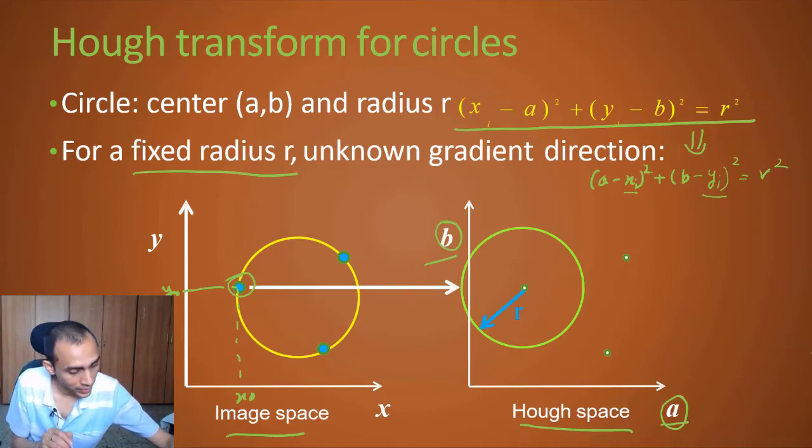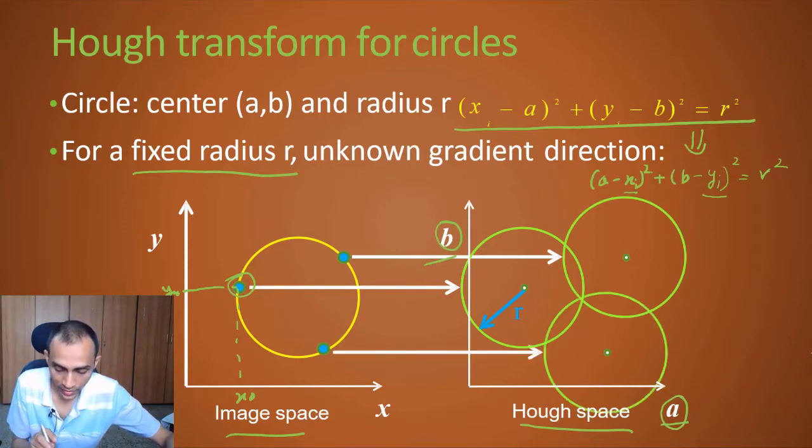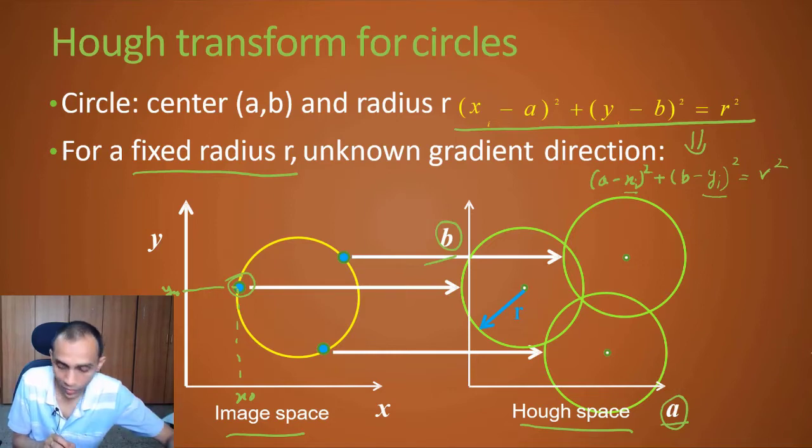And if we take another point, it will correspond to another circle with that as a center and the same radius r. And if we take another point, that will also correspond to another circle with that as a center and radius r. So how will you know which is the circle in the image space? Because r is known, what we need to know is the center xc, yc. How will we know this center point?